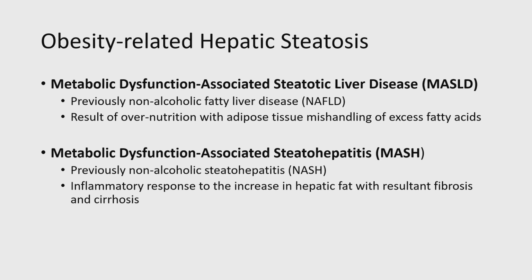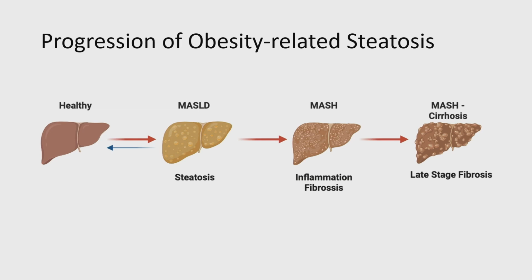and leads to cirrhosis. So here's the pattern that it goes from the healthy liver over to just a steatosis that is reversible, but you move on to MASH, with the inflammatory process and fibrosis, and this could lead to cirrhosis. So is this something that we need to be concerned with in someone who already has steatosis?